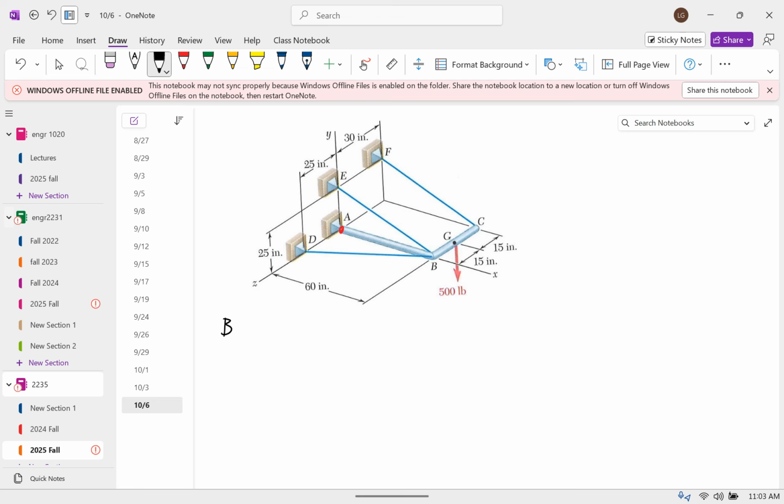B is just 60, 0, 0, just straight out 60 inches in the x direction. C is 60 in x, 0 in y, and 30 in the negative z.